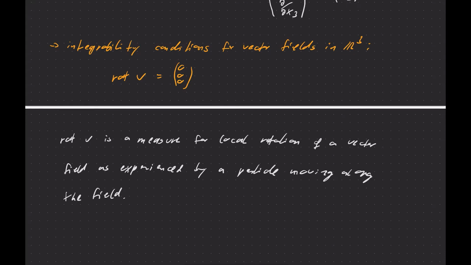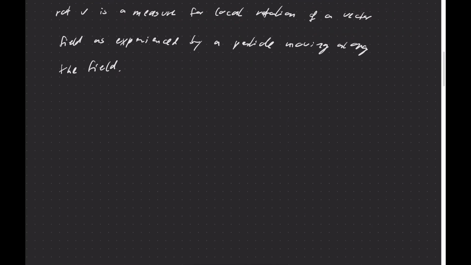So you have a particle that's propelled forward by the forces in the vector field, and from the point of view of that particle, if you look around standing on that particle, then you will experience a rotation of the flow around you generated by that vector field, and this is more or less what this rotation actually expresses. Okay, let's give you a few examples.